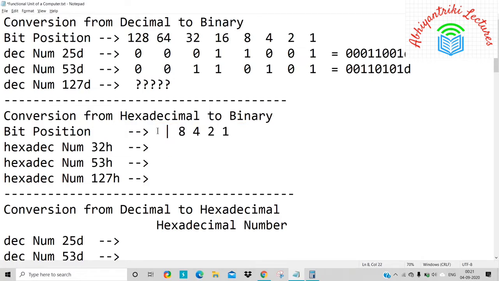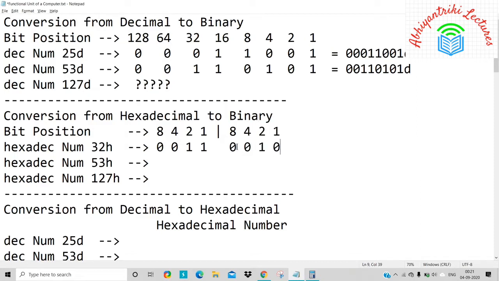Now how do you write the digit 3? First you take the first digit 3. How do you write it in binary? 0 0 1 1, correct? And next, how do you write 2? Now take the second digit 2. How do you convert it to binary? 0 0 1 0, right?